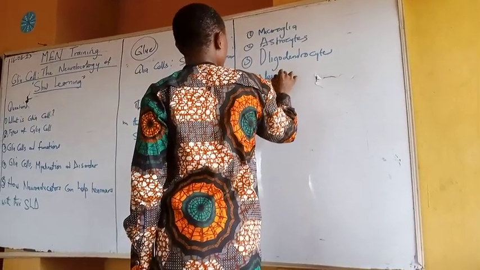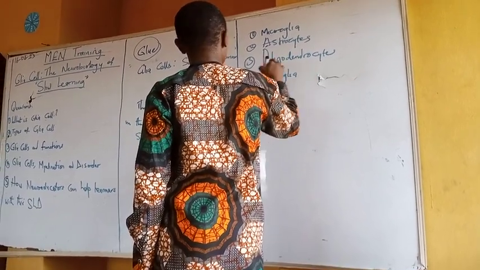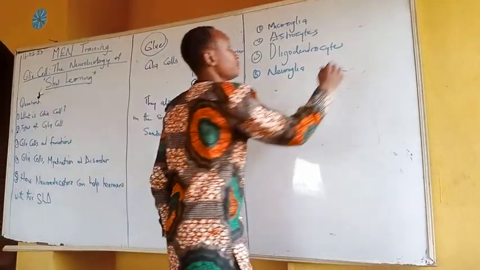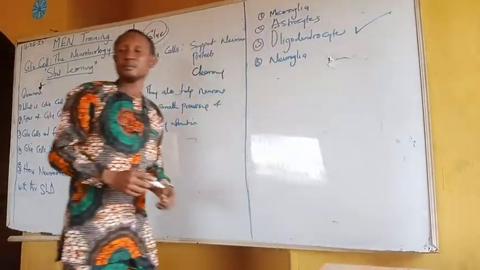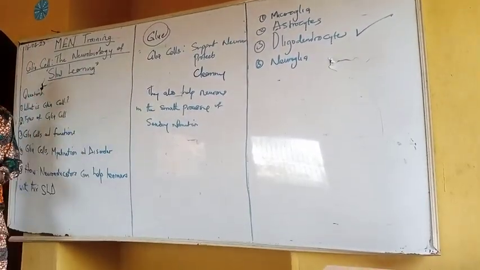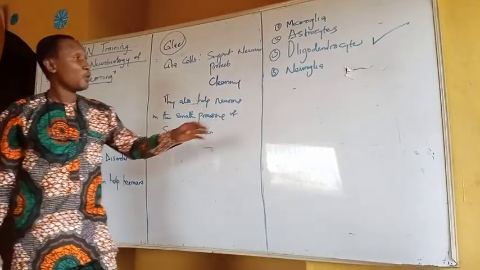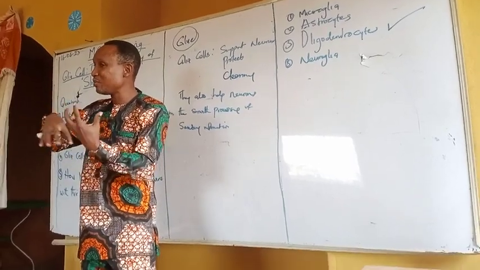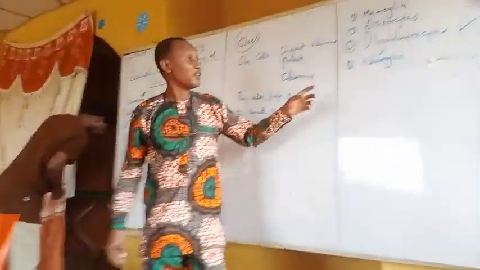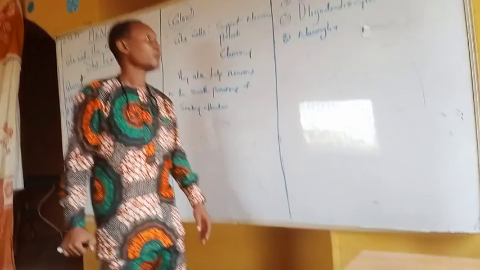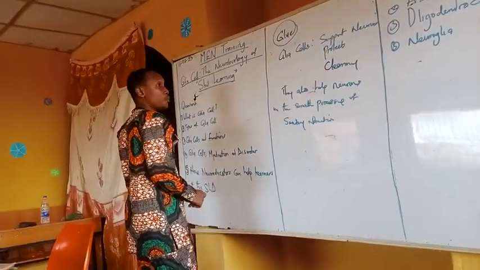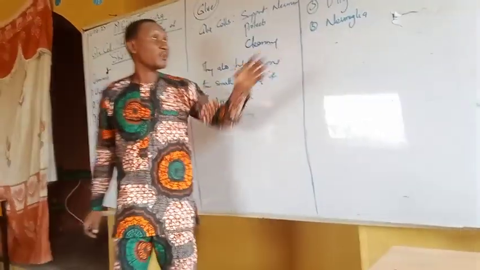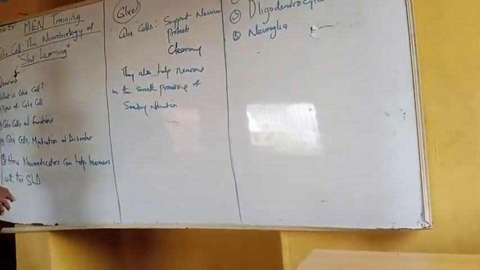Neuroglia are a combination; there are some glial cells that look like neurons, and they call them neuroglia. So these are basically the four types of glial cells that we have.